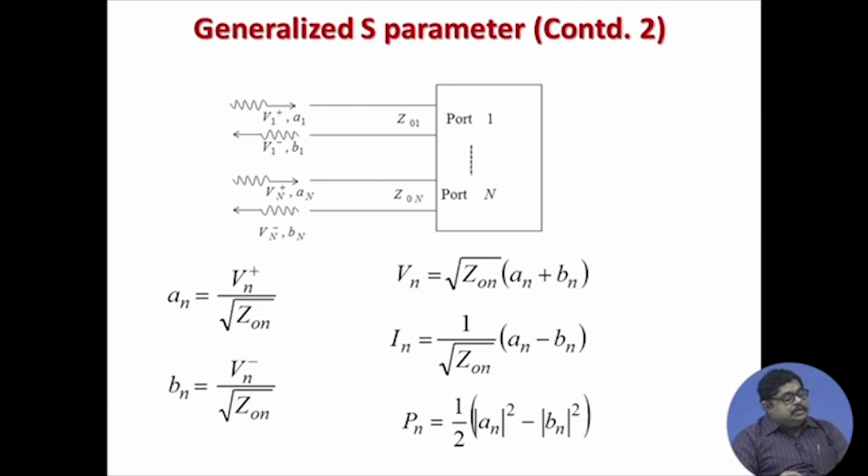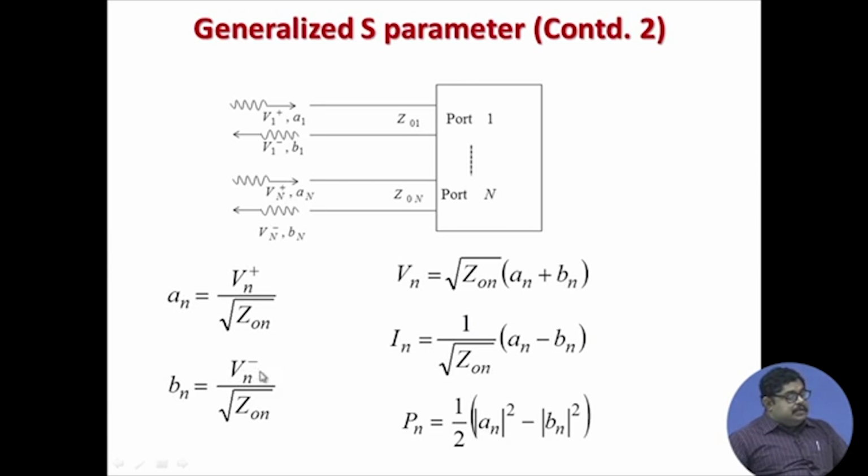In that case, what we suggest is that you redefine the voltage, the positive going voltage and reflected voltage. That means the incident voltage V n plus, you divide by the square root of the impedance of the port, and let us call it A n.